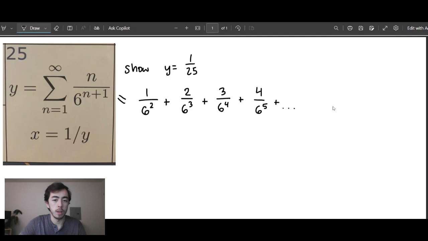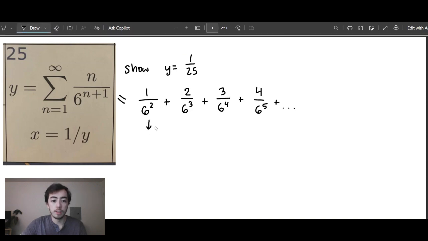And maybe you're thinking, wait, if we're going to add an infinite amount of things, won't we just keep going on forever? But sometimes these converge or approach a number, and I'm trying to show that this sum is approaching 1/25th.